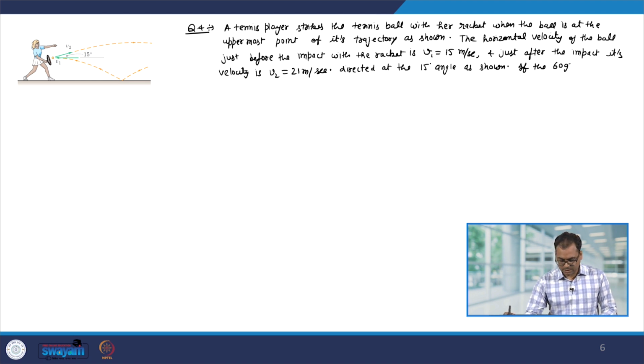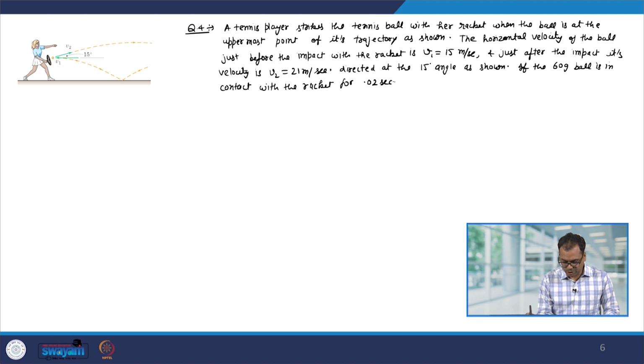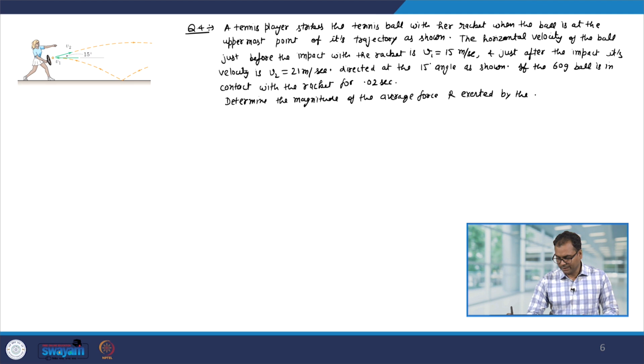If the 60-gram ball is in contact with the racket for 0.02 second, then determine the magnitude of the average force R exerted by the racket on the ball.